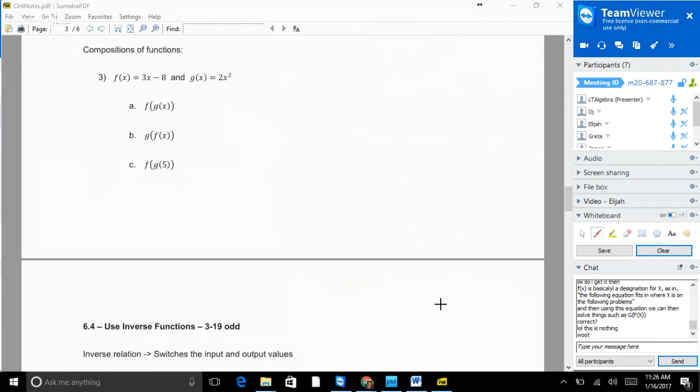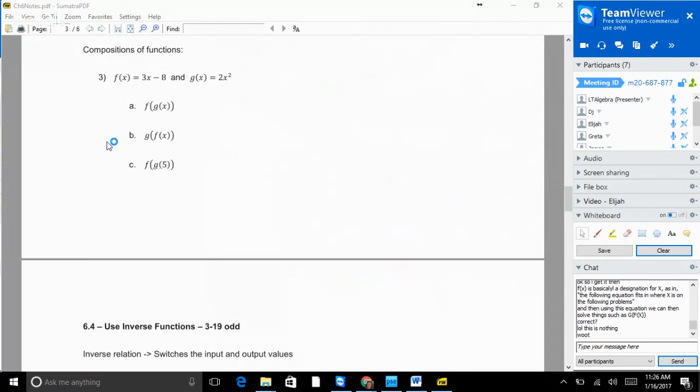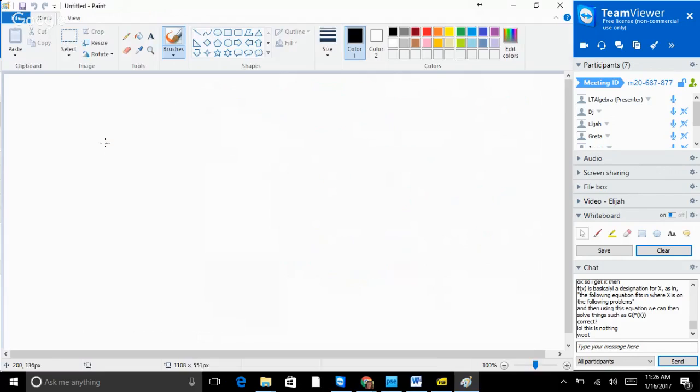All right, let me do another one from your book. Let's do number 29. What they want you to find in number 29 is g of f of x.